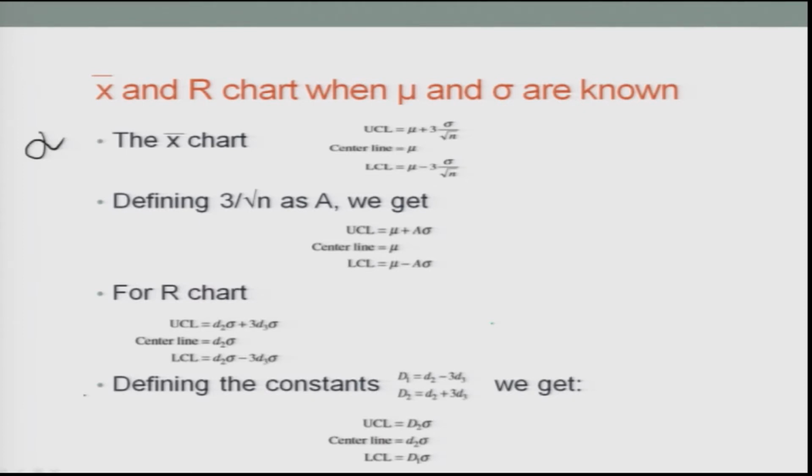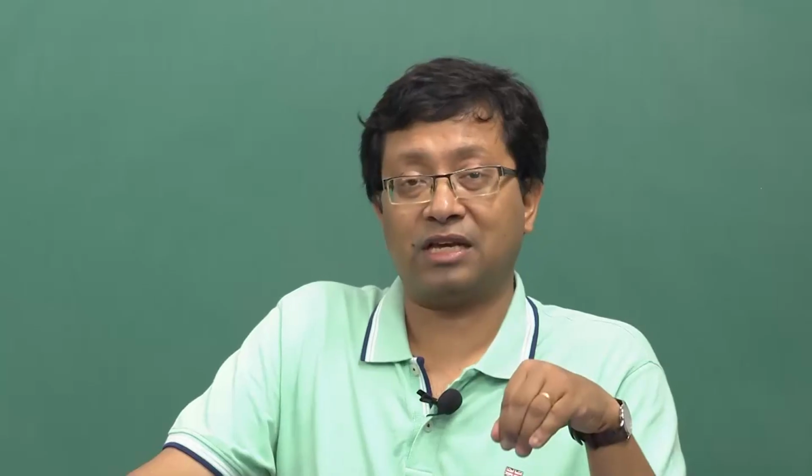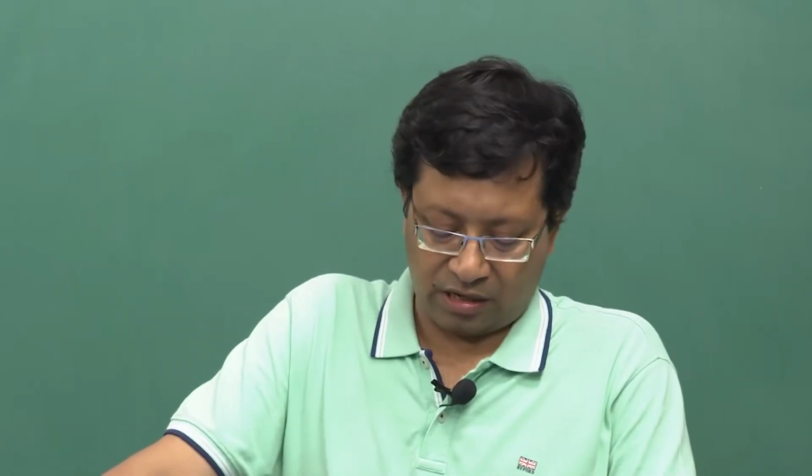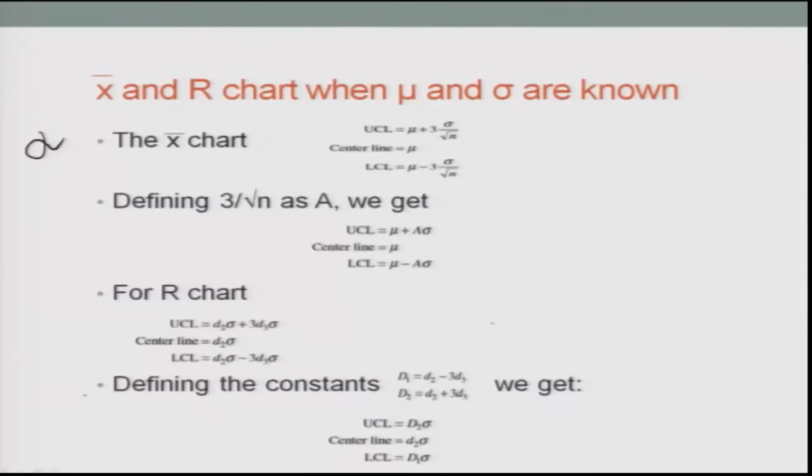So, it will be d2 sigma, and the upper and the lower control values, depending on the case that the overall coverage is about 99 percent, would be basically 3 into d3. These d3 values would depend on the dispersions which you have based on the total coverage which you have.